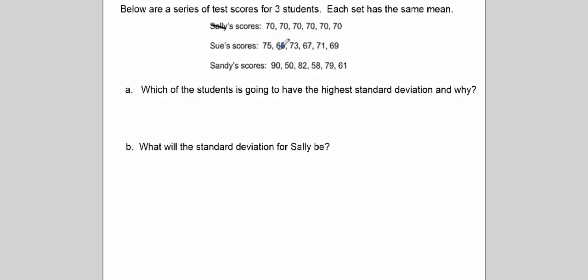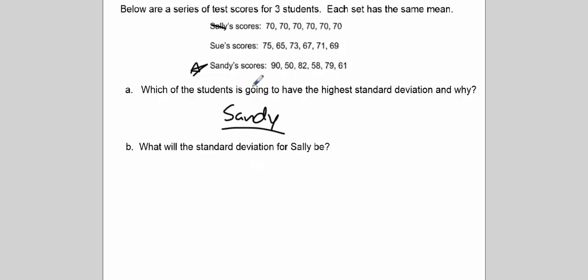So that's like a 5-6 point spread. And this one we've got somewhere in the middle is about 79. 11 point spread here, 20 point spread here. Sandy's definitely got to be the one with the biggest standard deviation.